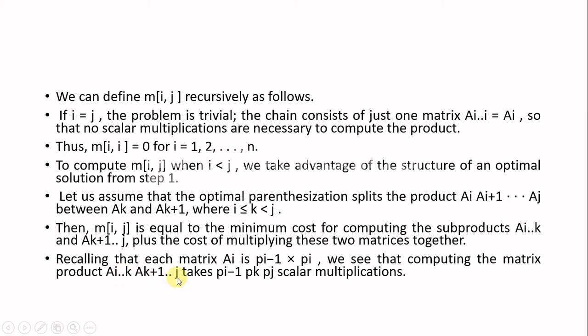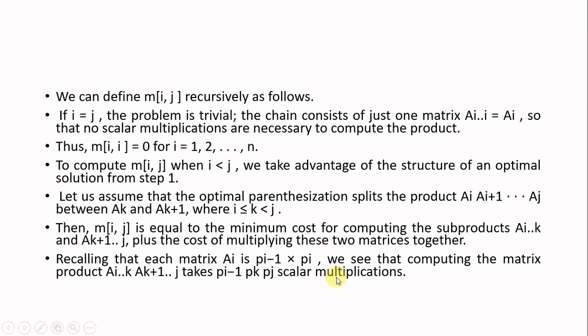Which means we are multiplying two matrices: one is pi minus 1 by pk, and the second is pk by pj. So the cost for multiplying these two matrices will be pi minus 1 times pk times pj scalar multiplications.